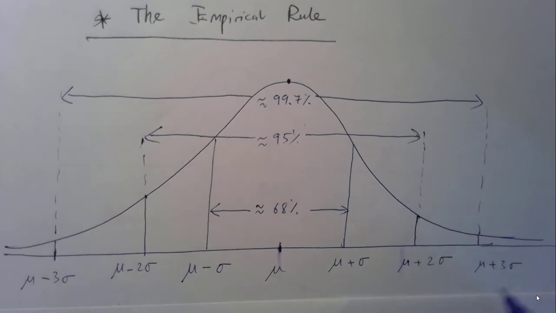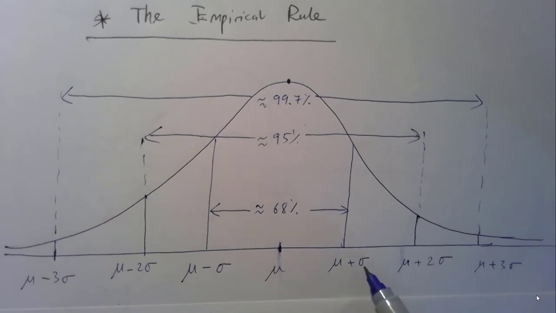And then for 3 standard deviations above the mean and 3 standard deviations below the mean, almost everything, or 99.7% of the population, will lie inside this interval. So sigma again is the standard deviation, and mu is the mean.